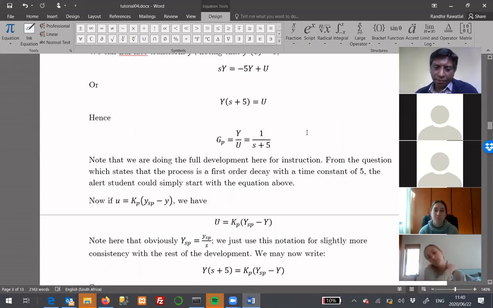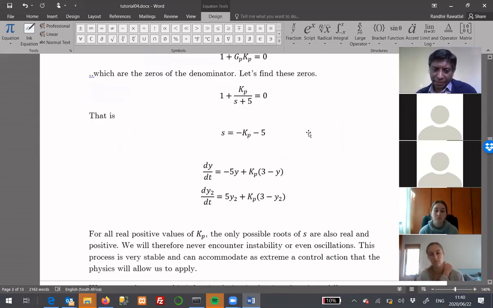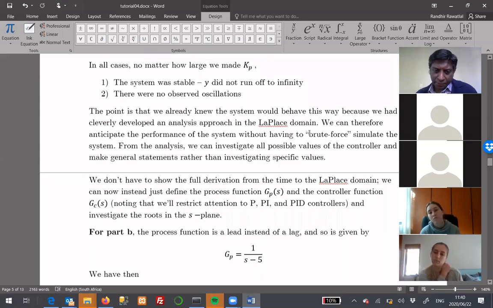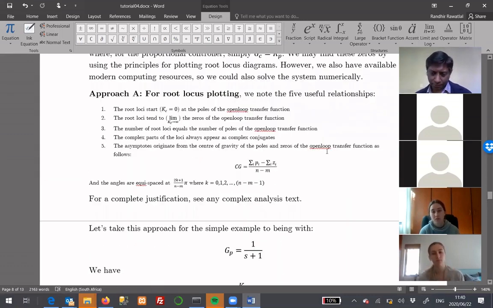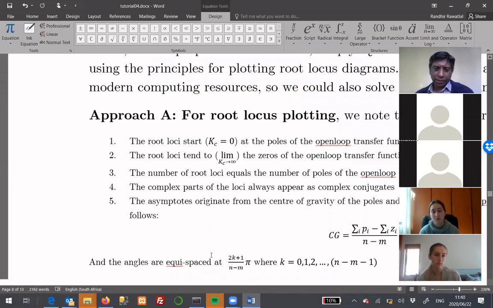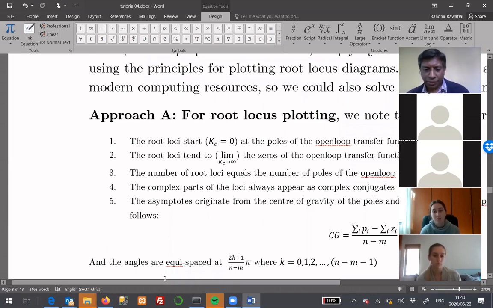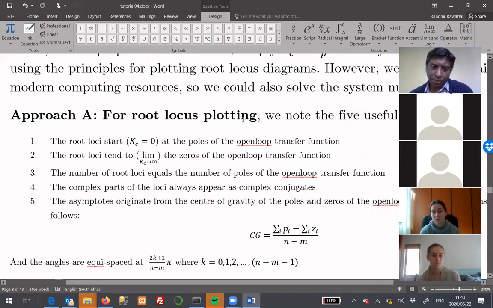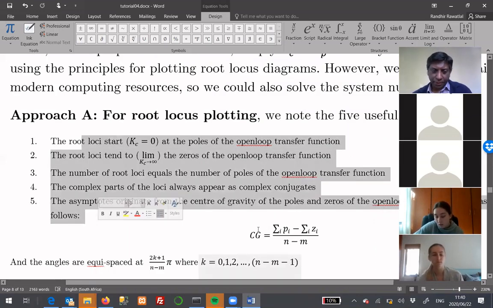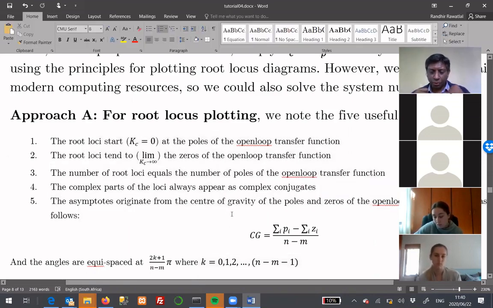From the field of complex analysis, there is available a nice way of working this out. If you don't want to do it as code, if instead you want to use root locus plotting principles, then there are these nice observations that you can use to sketch out your root loci.